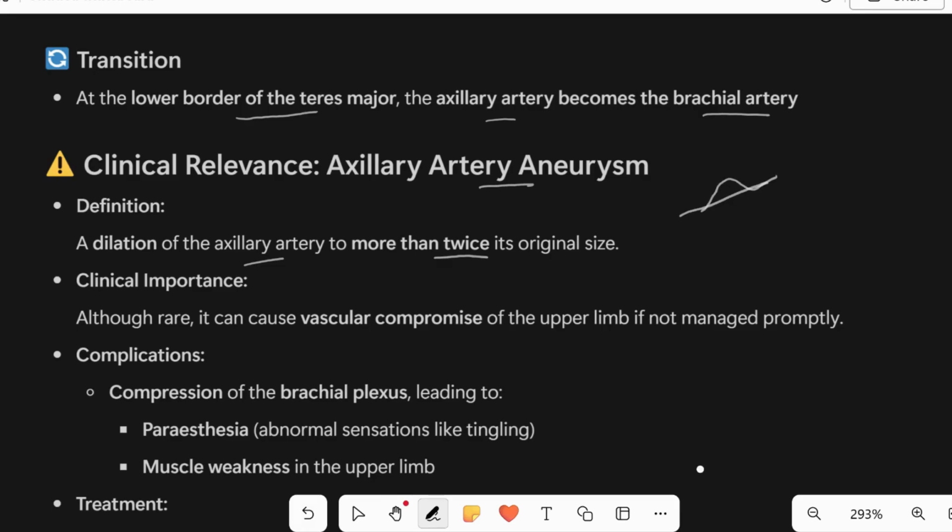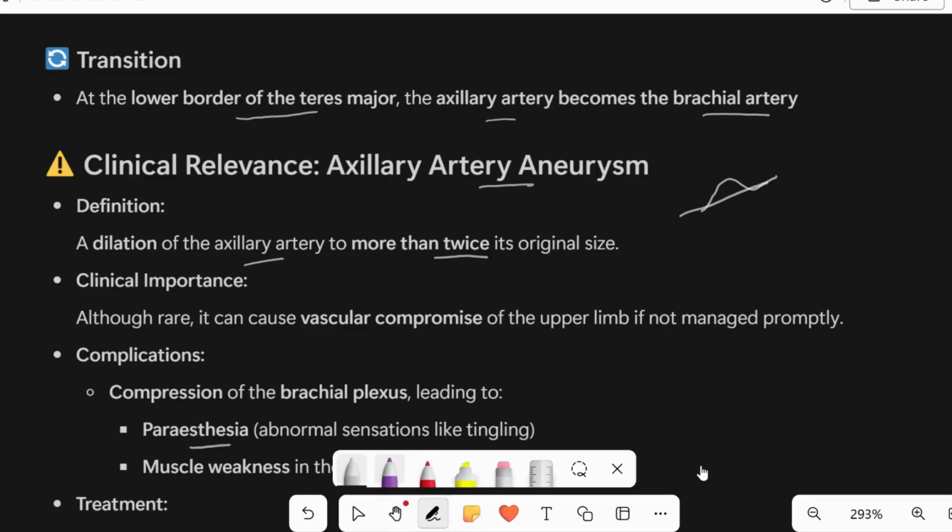Although it is rare, it is going to compress the vasculature. And what type of complications can occur? We can have paresthesia. I have already explained that this axillary artery is surrounded by the cords of the brachial plexus, so they will be affected as well, followed by muscular weakness in the upper limb.